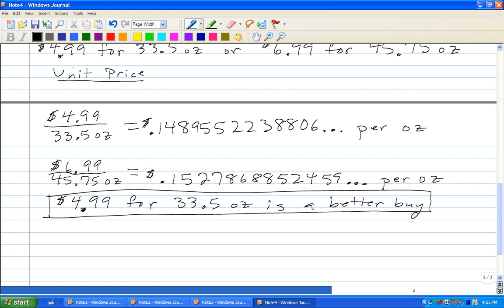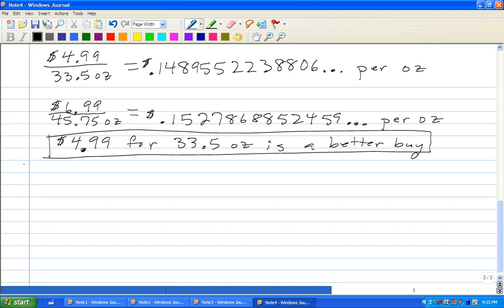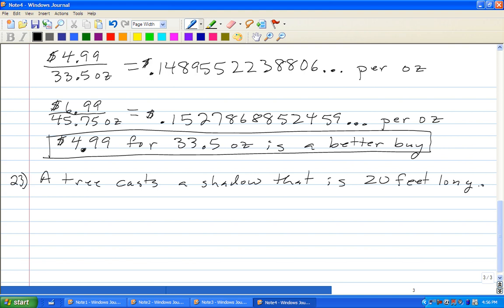Let me do problem number 23. A tree casts a shadow that is 20 feet long at the same time.